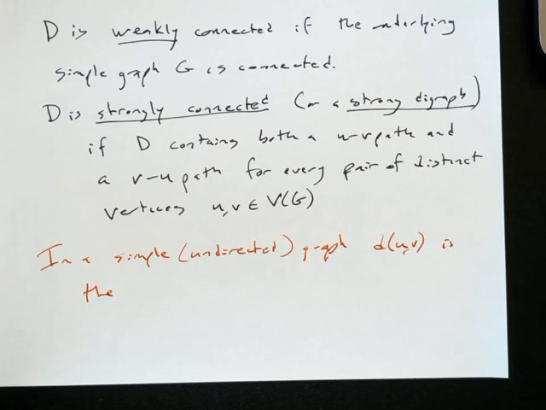The distance between U and V. What was our definition? The length of the shortest path.